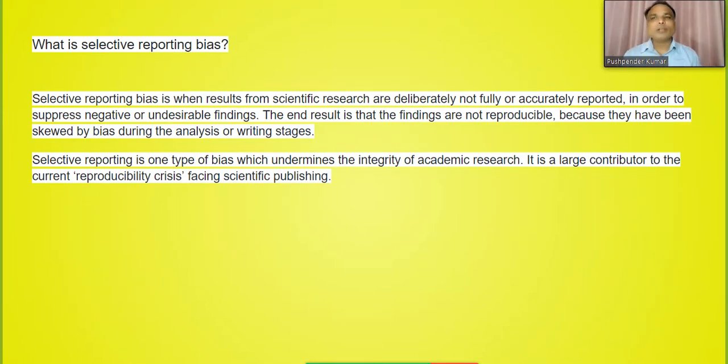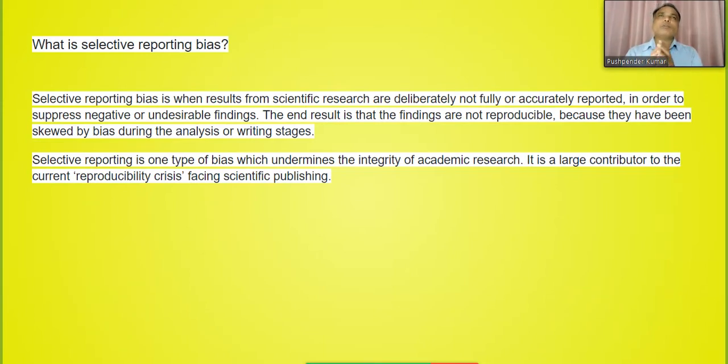So here you see what selective reporting bias is. Selective reporting bias is when results from scientific research are deliberately not fully or accurately reported in order to suppress negative or undesirable findings. This happens especially in medical science, pure science. They don't want to give you a negative picture. Or maybe social science.